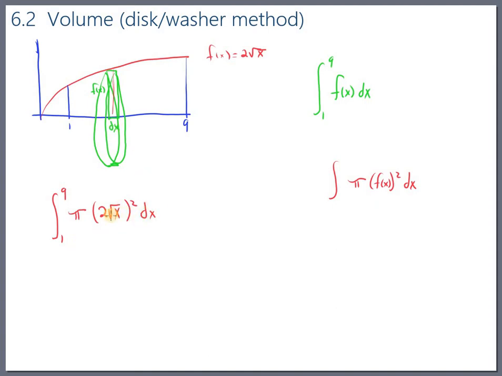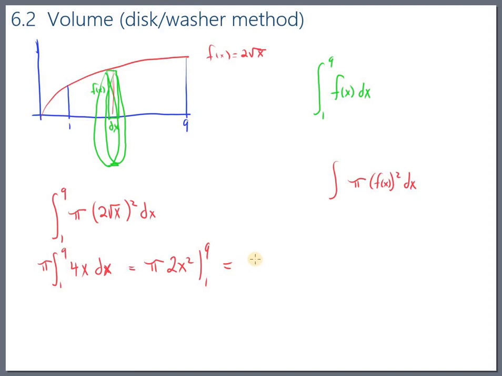You've probably never been so glad we were integrating a square root function, because as we simplify this algebraically, we get 1 to 9. I'm going to pull the pi out front because that's just a constant multiple. But squaring this part gives you 4x dx, and this is easy integration. We've got pi, and 4x integrates to 2x squared, evaluated from 1 to 9.